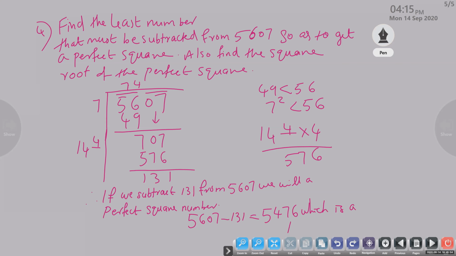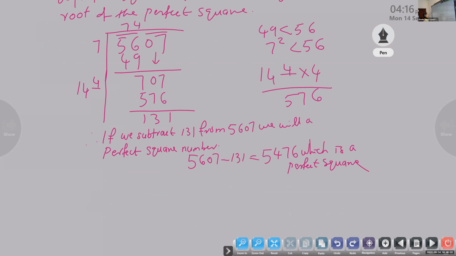The square root of that number will be our quotient 74. Because when we subtract 131, the remainder will be 0, no? So that 74 will be its root.